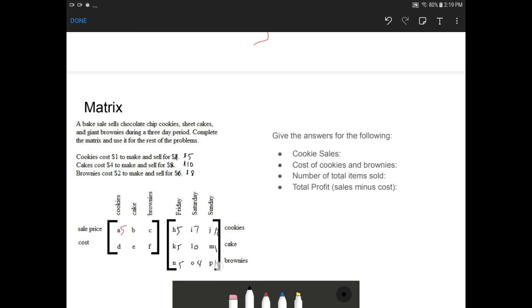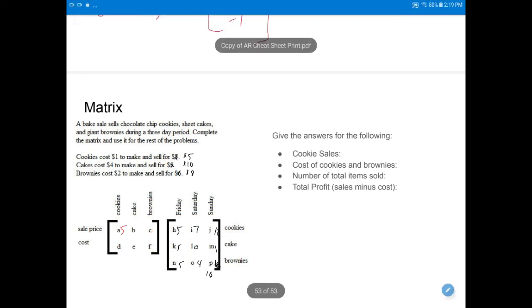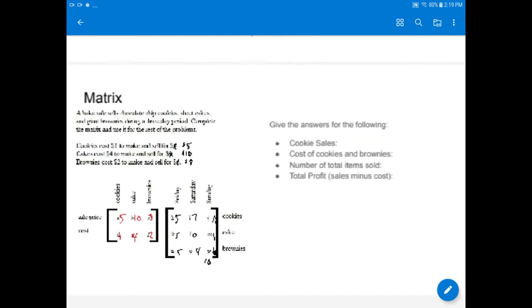No, 10. It's a 10 here. Man, okay. 5, 10, 8. 1, 4, 2. I just need to write out this big matrix here. It's going to make my life a bit easier.